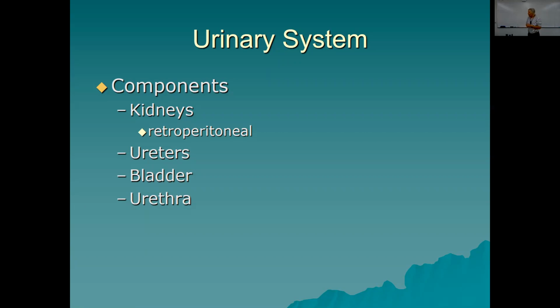So, of course, then there's the bladder that holds urine until we want to get rid of it. There's the urethra that carries urine out of the body in urination or micturition, another word for urination, micturition. We'll get to that later on.